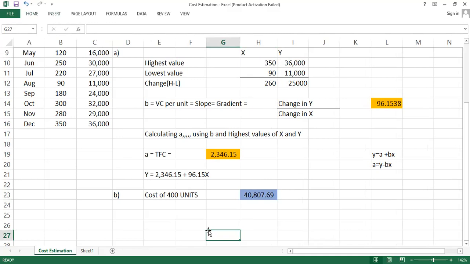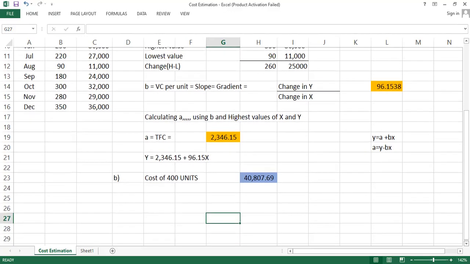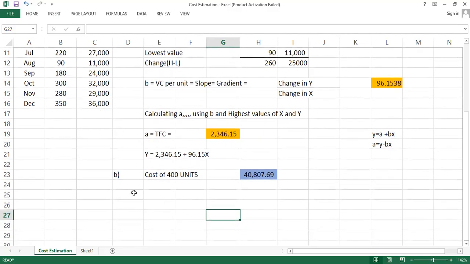So any question again? Could there be any question from anyone? So that is how the high-low approach works, and that's it.